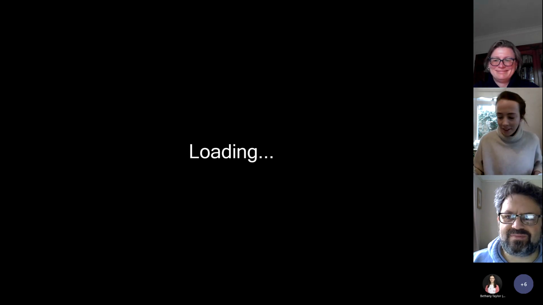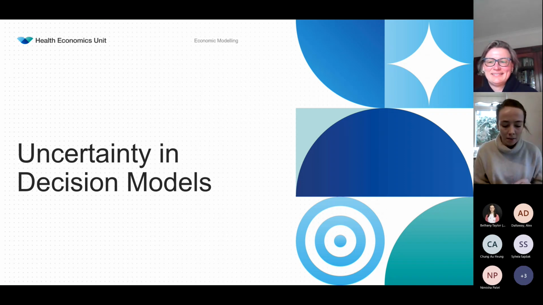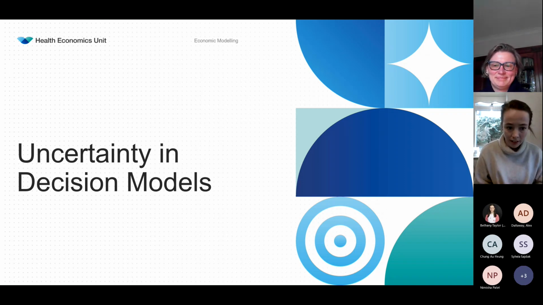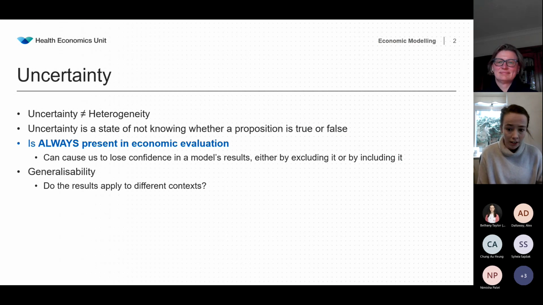There we go. Okay, so as Anna was just saying, basically models are a simplification of reality. And because of that, there are some significant things that we need to think about in how they deviate from reality in order to understand whether or not they're applicable to the situation that we're trying to understand. So we're going to cover a little bit about uncertainty. Uncertainty is not the same as heterogeneity.